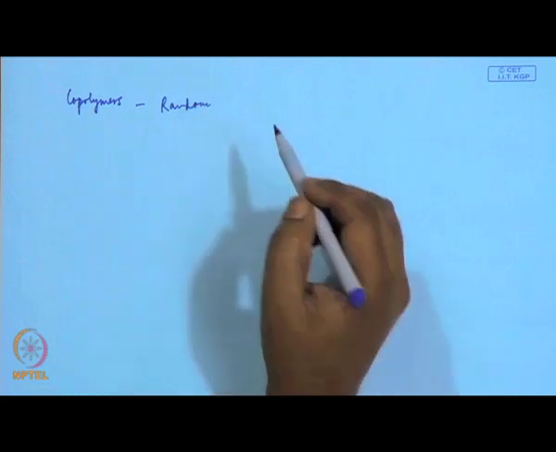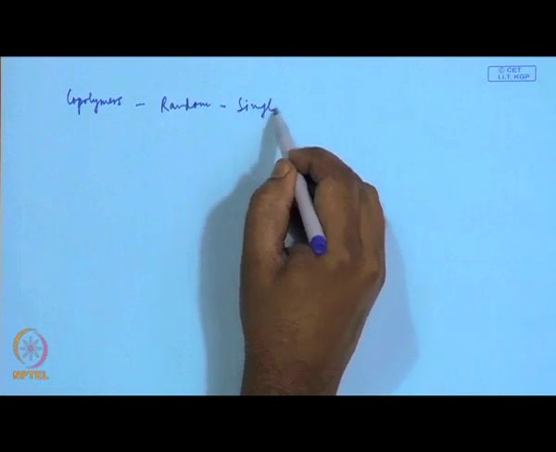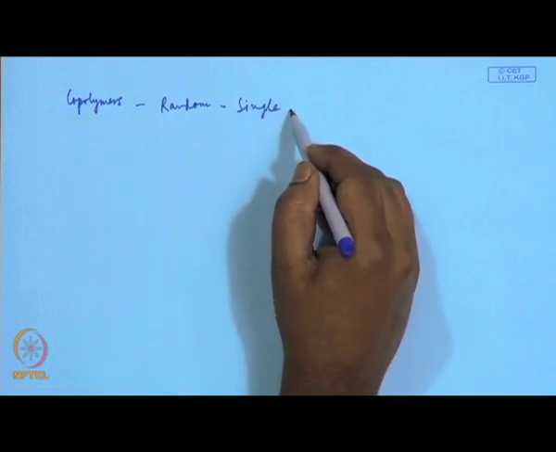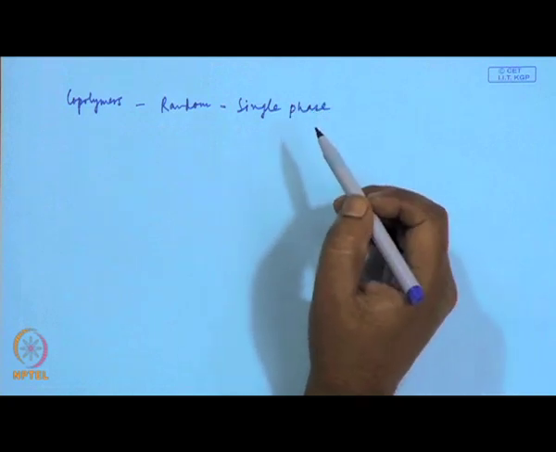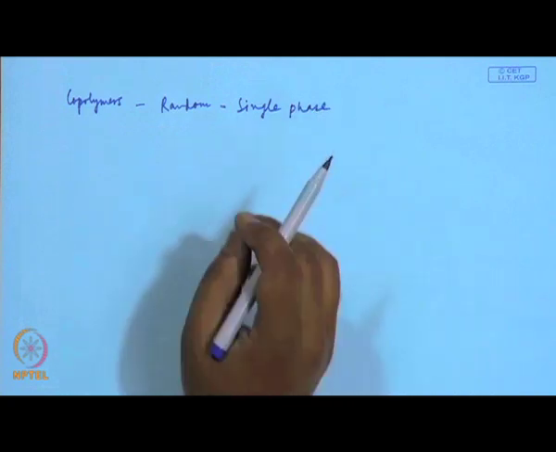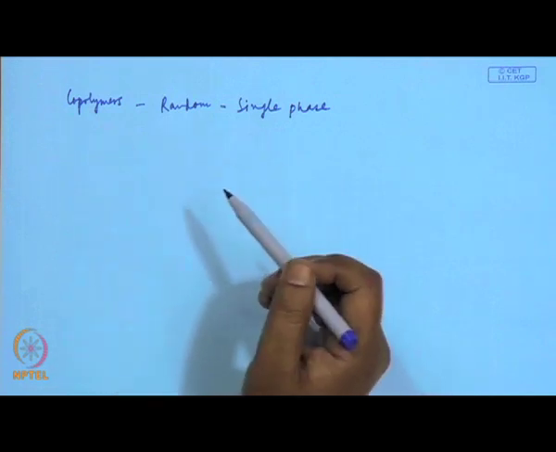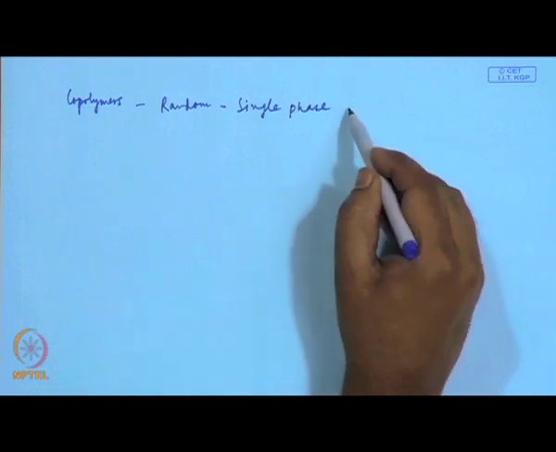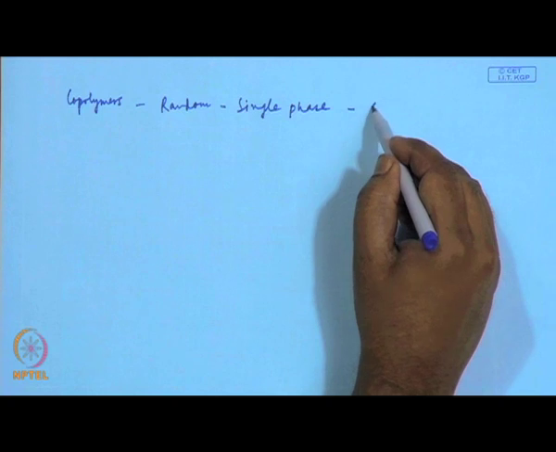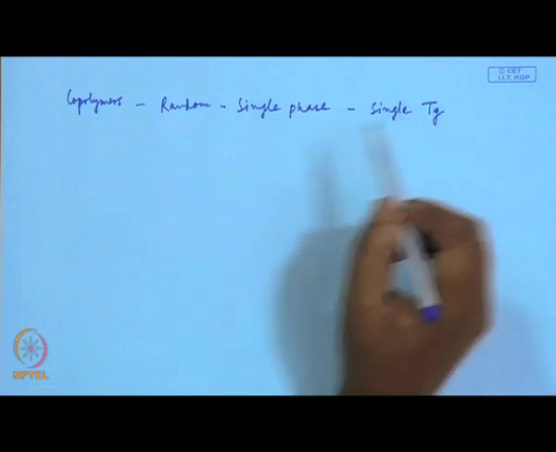If you have random copolymers, obviously they form a single phase, because the individual monomers are not distinct from each other, in the sense that they are statistical copolymers. So, you have a single phase, and this gives us a single Tg for the copolymer.